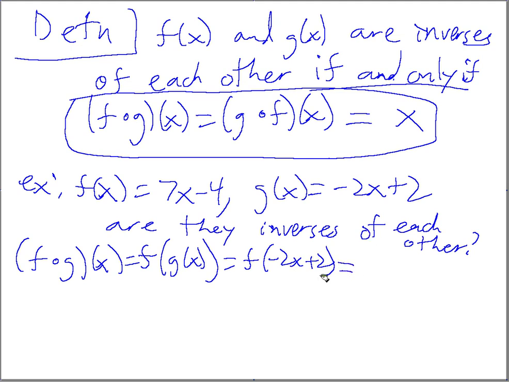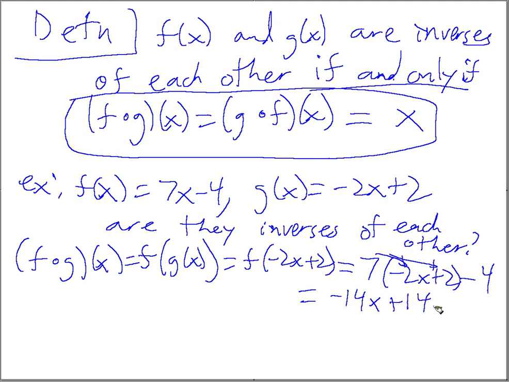So this is equal to 7 times negative 2x plus 2, minus 4. That's equal to negative 14x plus 14 minus 4, which is negative 14x plus 10. So this is not equal to x.